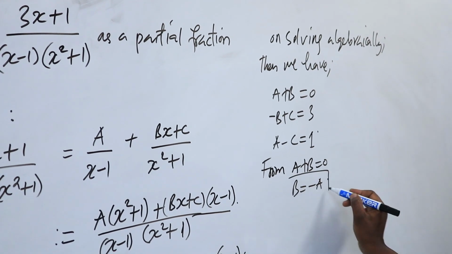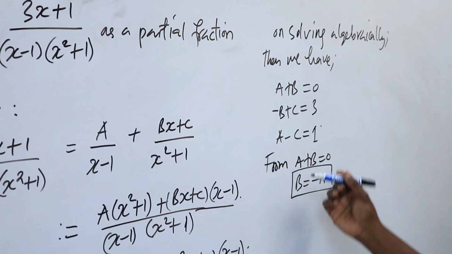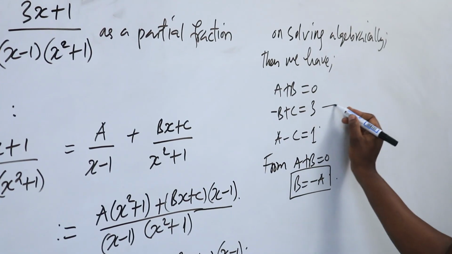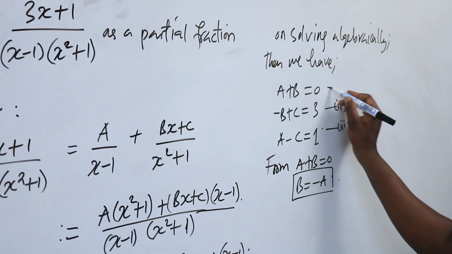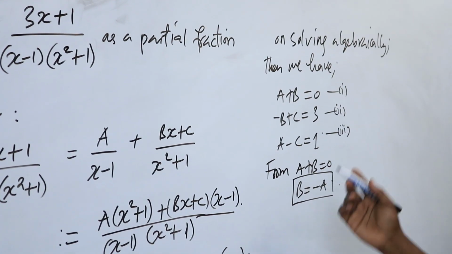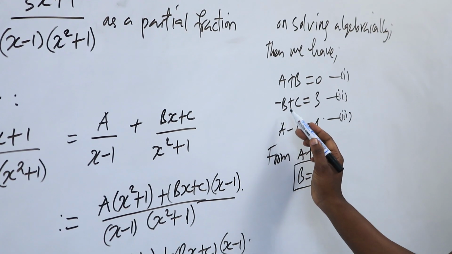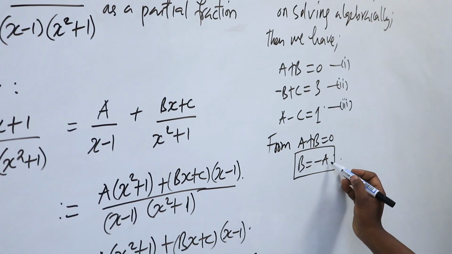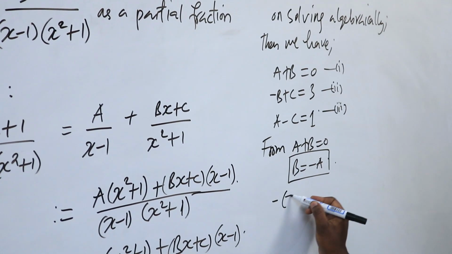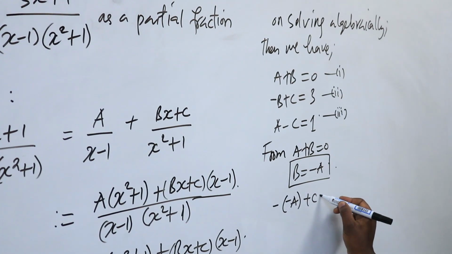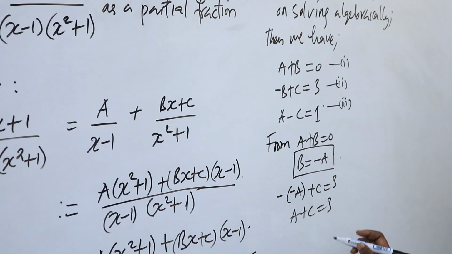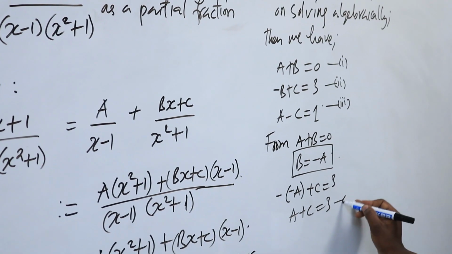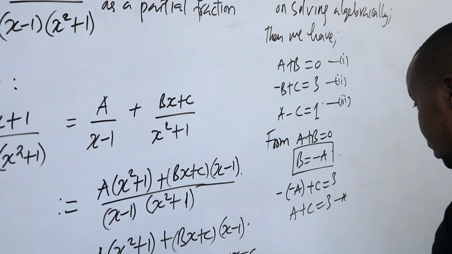Now from this relation, we substitute here to the second equation. And now we see what we have. So where b now, I just put negative a. So it becomes negative a plus c equals to 3. That becomes negative a plus c equals to 3. So maybe this we can just call it the fourth.